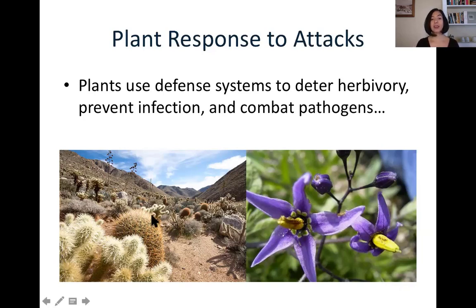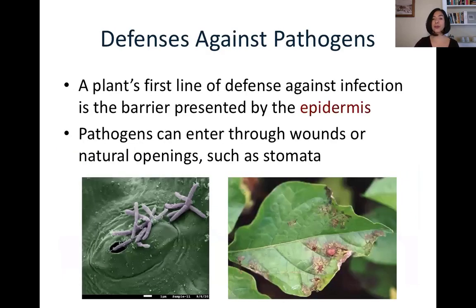So animals would be very happy to eat these plants, and these plants have evolved this defense of being covered by spines so that the animals cannot eat them or take the water from these plants. So plants use different types of mechanisms, and on the right, we have other plants that produce some chemicals that will protect them from some predators.